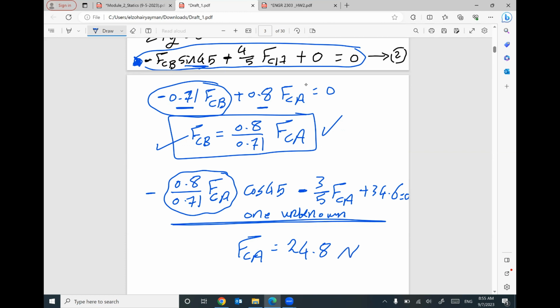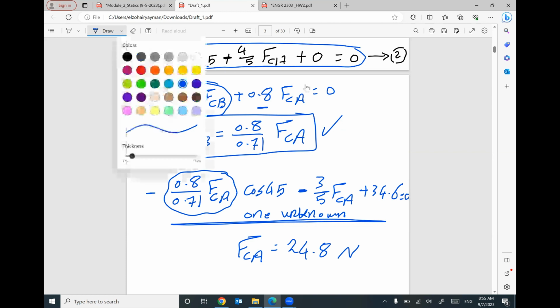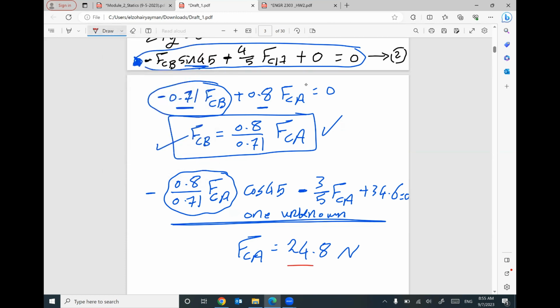24.8. If you go back with FCA equal 24.8 and put it here, I can figure out the value of FCB. It will be 27.9.